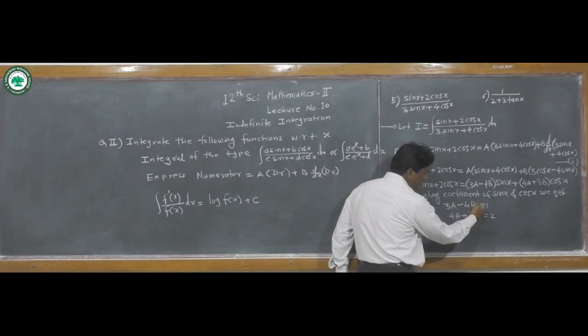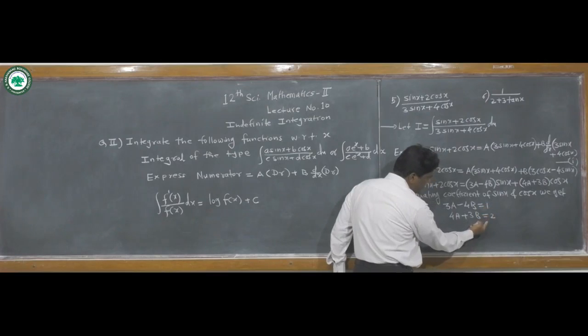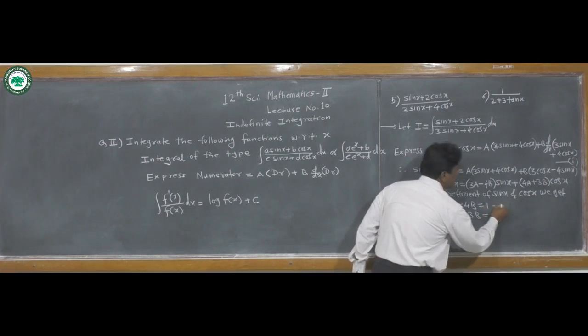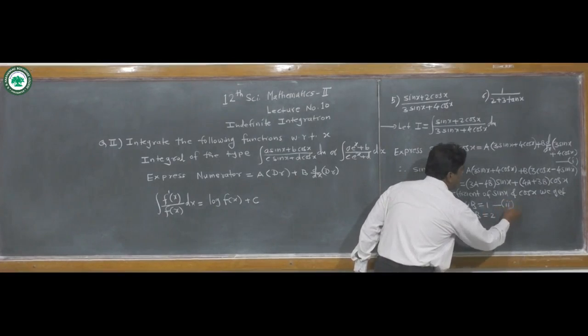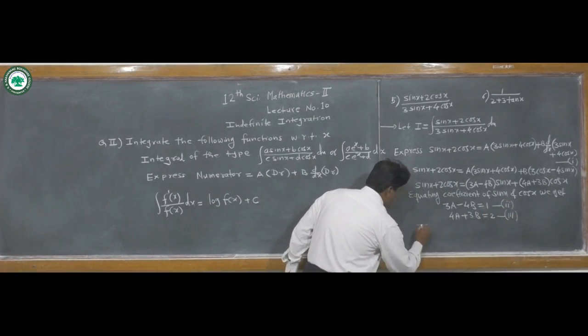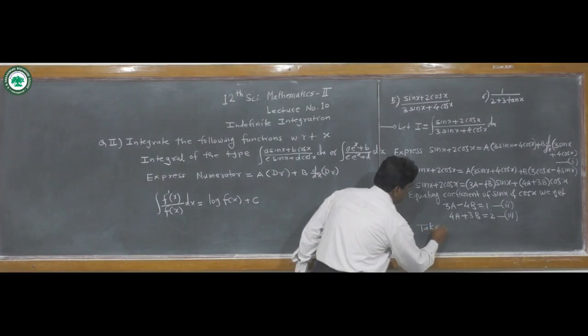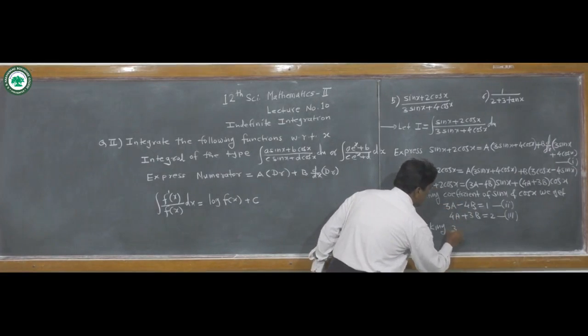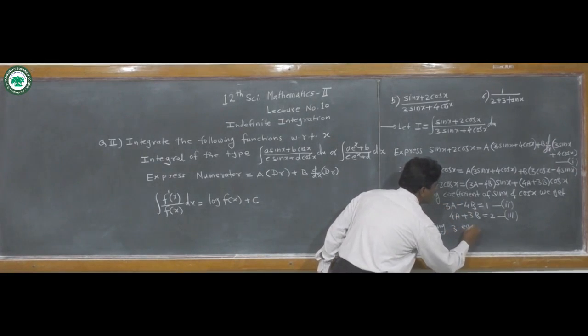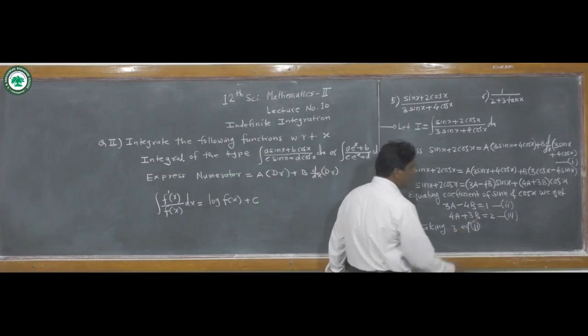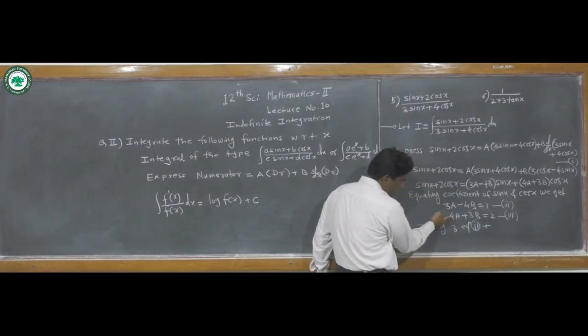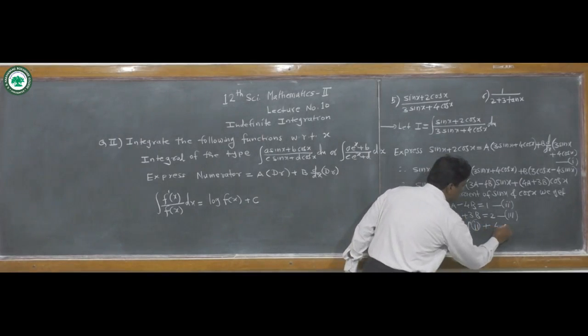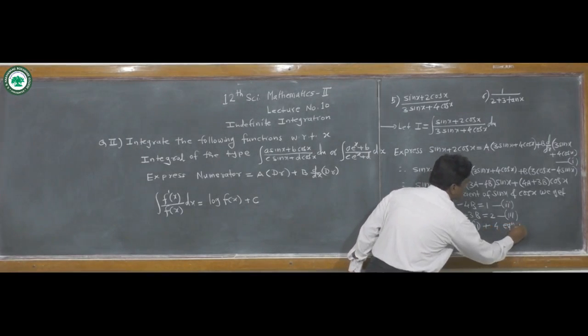Multiply this equation by 3 and this equation by 4. We call this equation number 2 and this equation number 3. Now taking 3 into equation 2 plus 4 into equation 3.